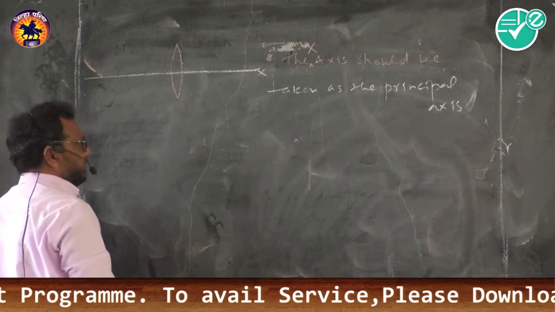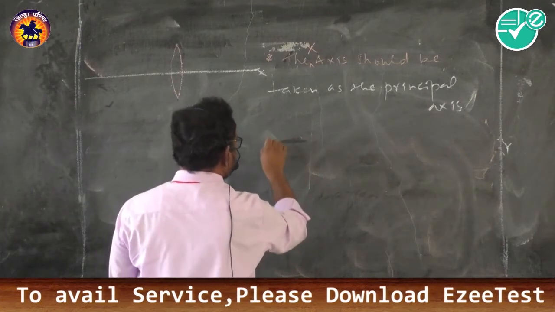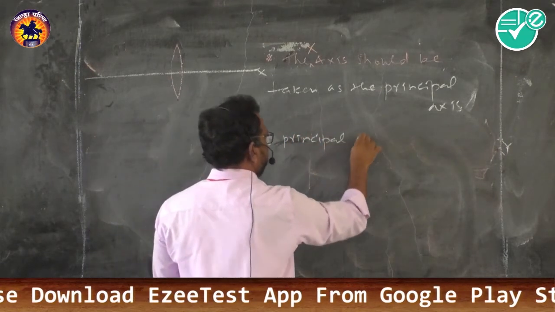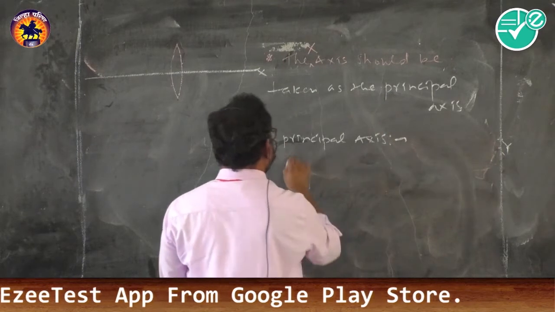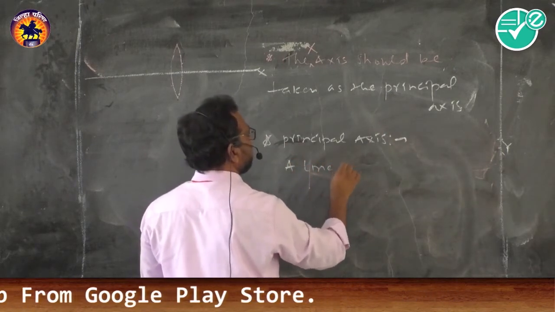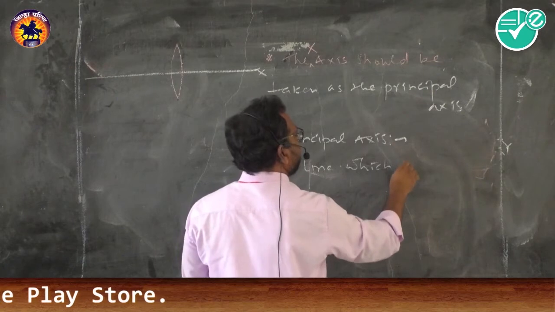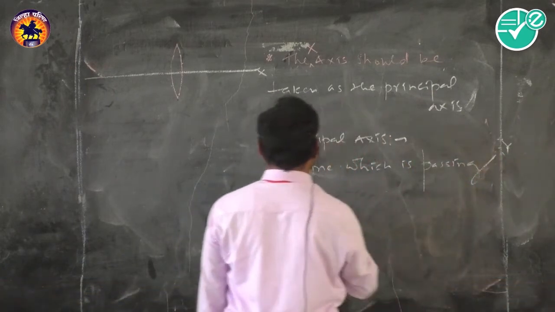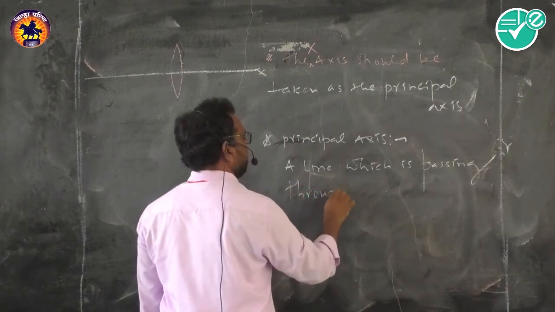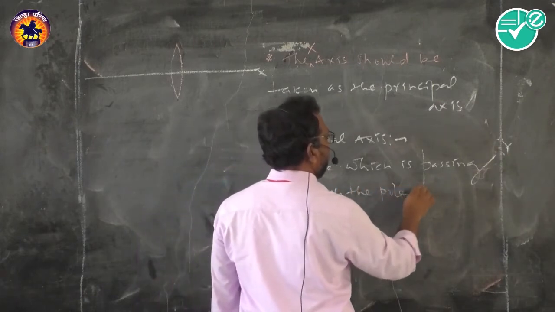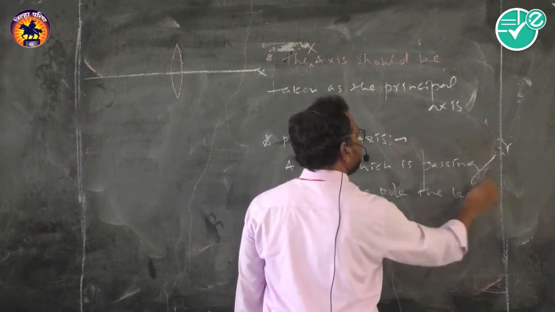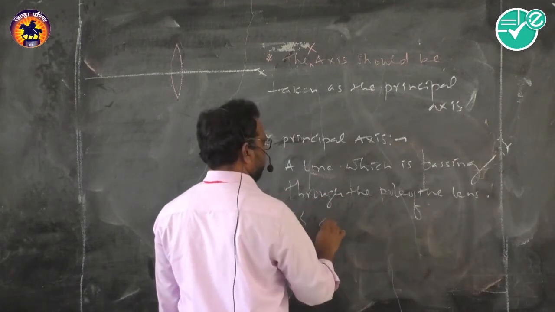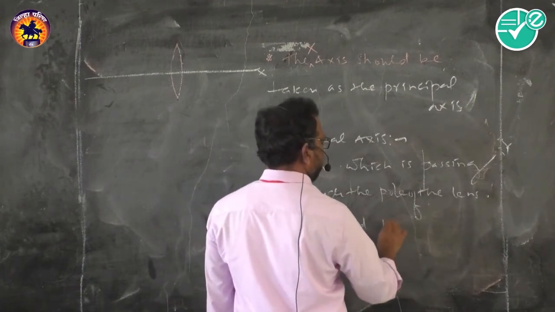What is meant by principal axis? A line passing through the pole of the lens is called the principal axis.